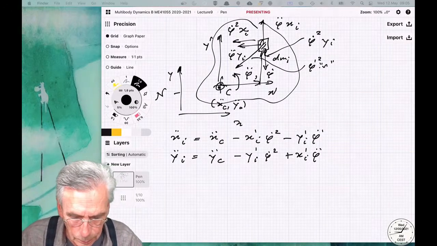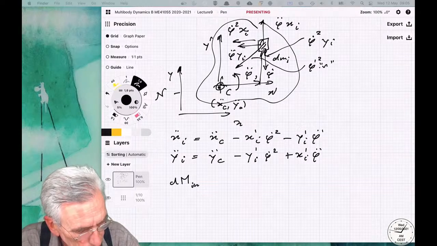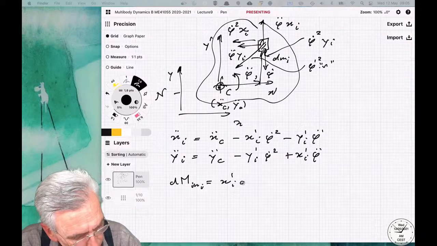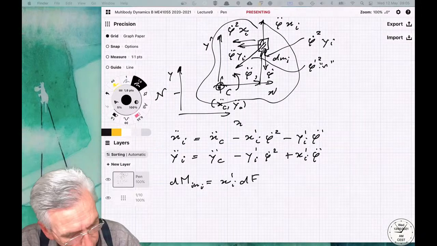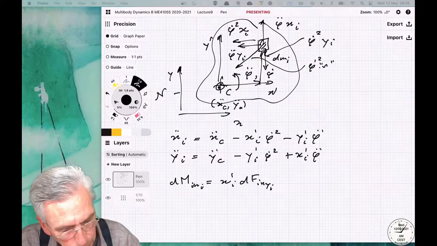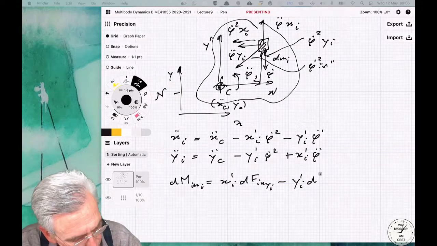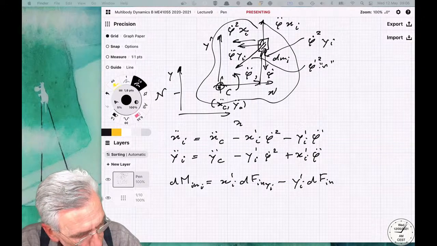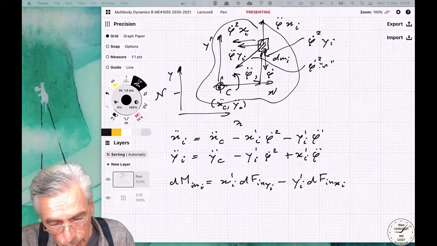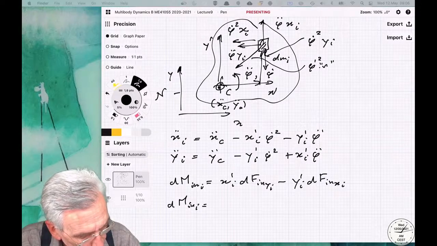On your page, this contribution to the inertia torque from mass I is this distance times the inertia force in the y direction of particle I, minus this distance in the y direction times the inertia force in the x direction of particle I. And then we fill in all the stuff.